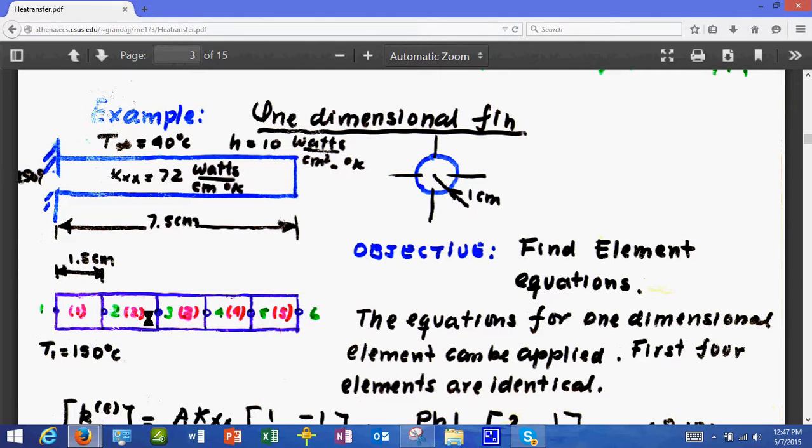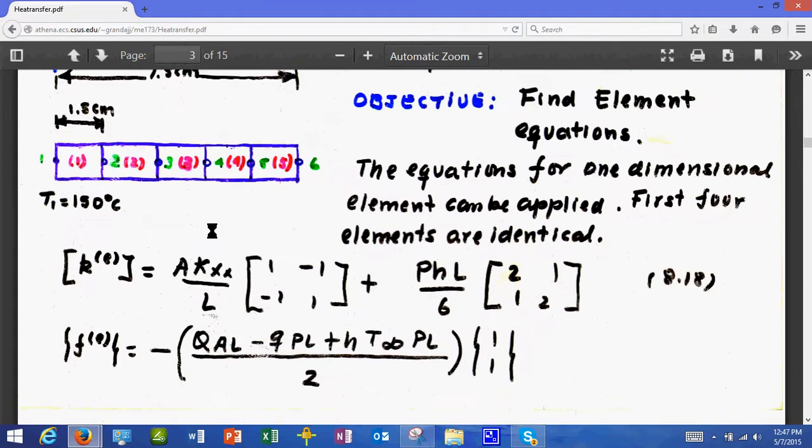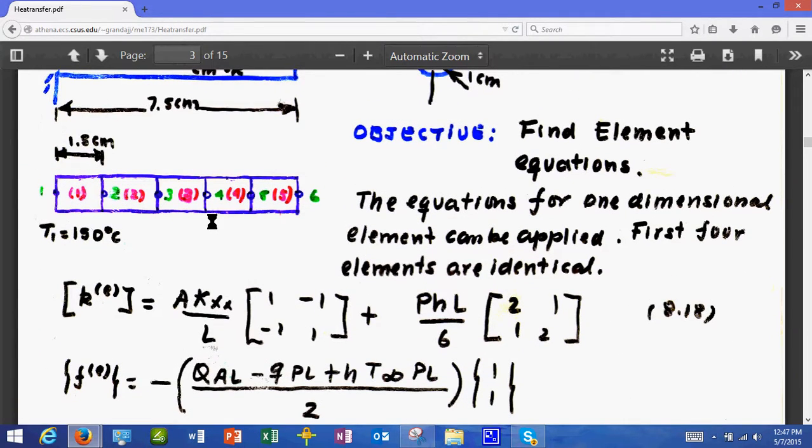Do you see, here it has been divided into 5 elements and 6 nodes. And so that's the objective in this case: find the element equations, the equations for a one-dimensional finite element that can be applied.